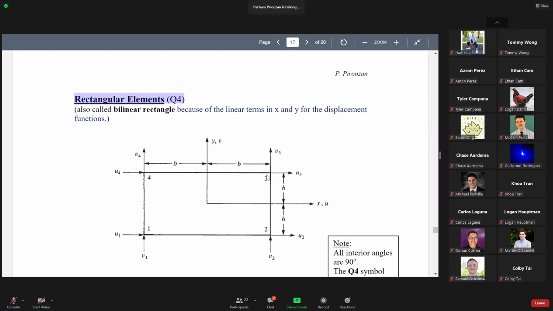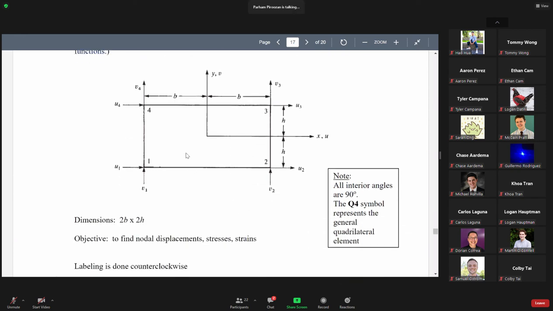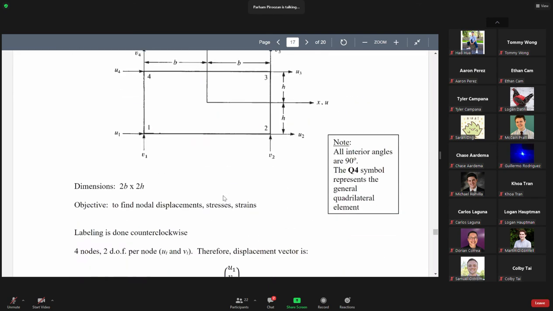So that's a general case of a quadrilateral element. But this is a rectangular element when these angles are 90 degrees. This is also sometimes called Q4 element, or sometimes called bilinear triangular element. Now we will see why it is called bilinear.